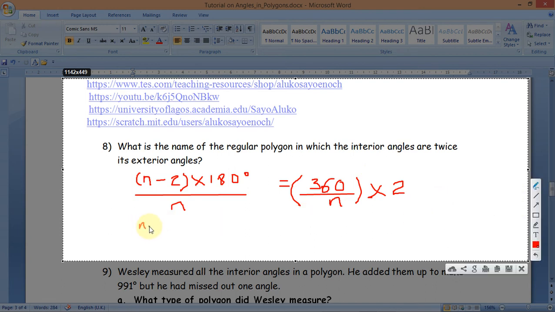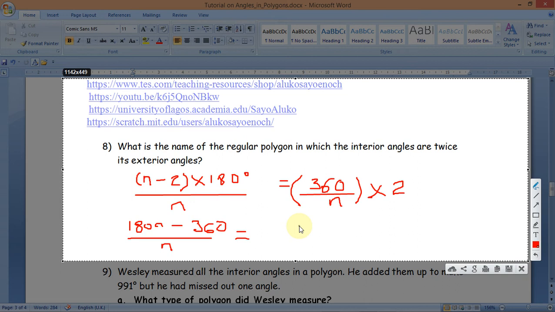So n minus 2. Let me just open up the bracket so that I don't waste much time, because I don't have enough space there. So by implication, I want to use 180 to multiply this out. So I have 180n minus 180 times 2, that is 360, divided by n, equals 360 times 2, guys, that is 720.